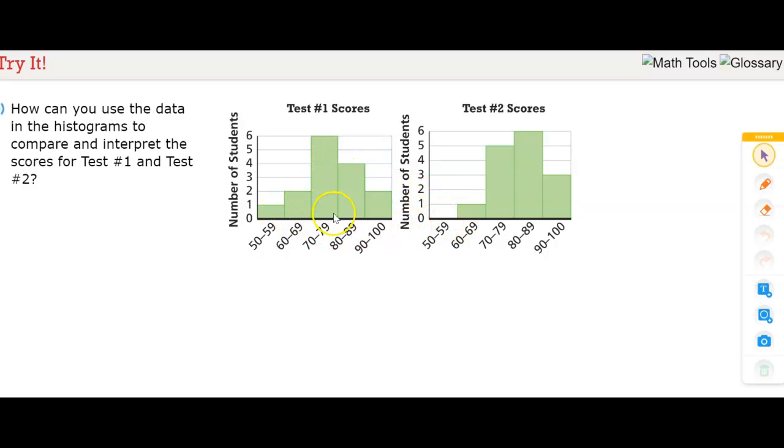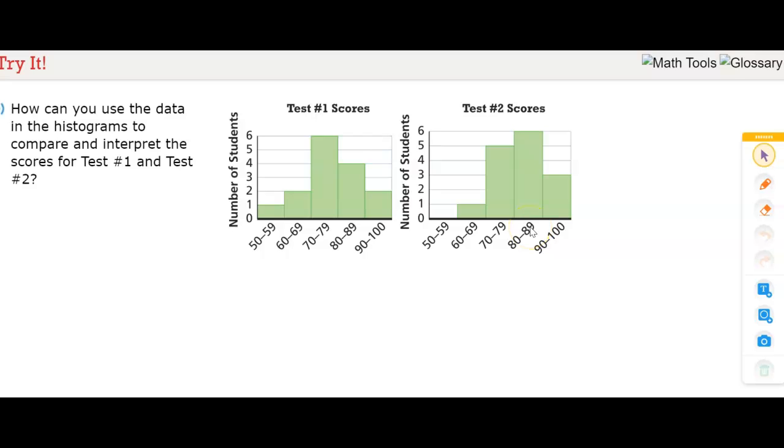Also, another thing you can compare is the mode, if you will. The number of people that scored the most is between 70 and 79 on test number 1, and for test number 2, more scored between that 80 to 89 range.